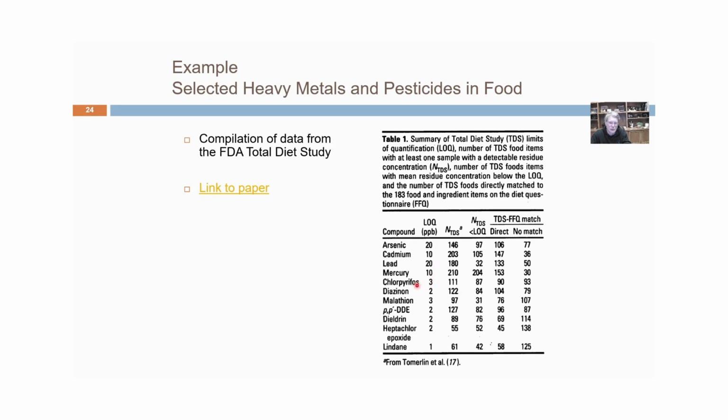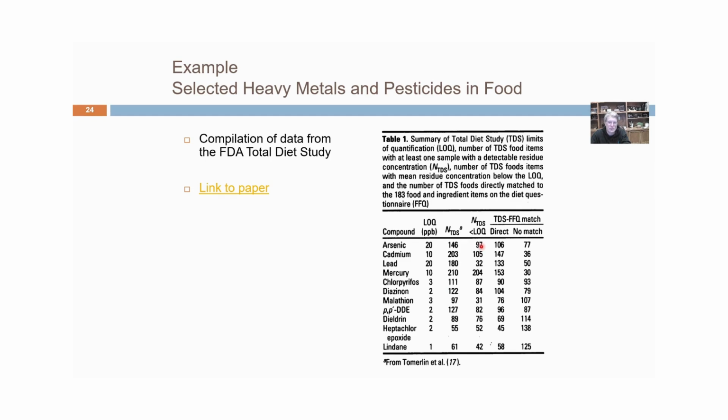Get down to some organics, chlorpyrifos and diazinon at 3 ppb, all the way down to an organochlorine insecticide called lindane, which was 1 ppb. So the LOQ is not the same for every substance. That's important to recognize. You can see here the NTDS is the number of foods in the total diet study that arsenic was not quantified in.